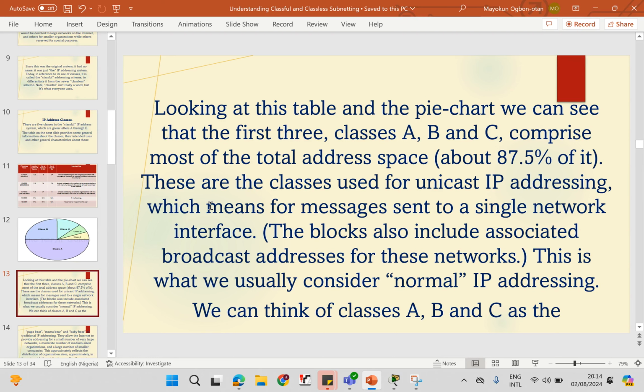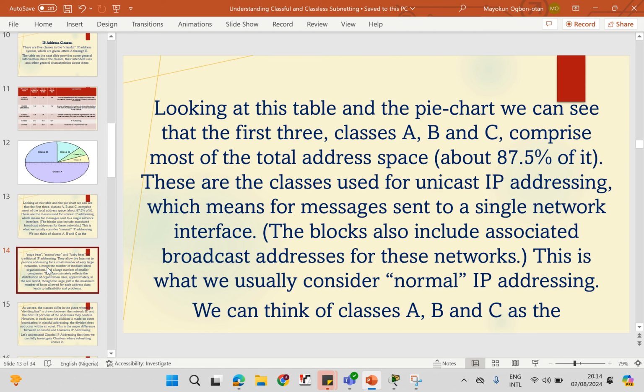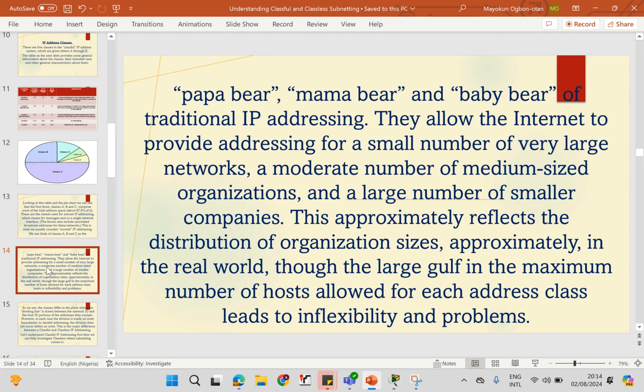We think of class A, B, C as the papa bear, mama bear, and baby bear of traditional IP addressing, just like father, mother, and baby. They allow the internet to provide addressing for a small number of very large networks, a moderate number of medium-sized organizations, and a large number of smaller companies.